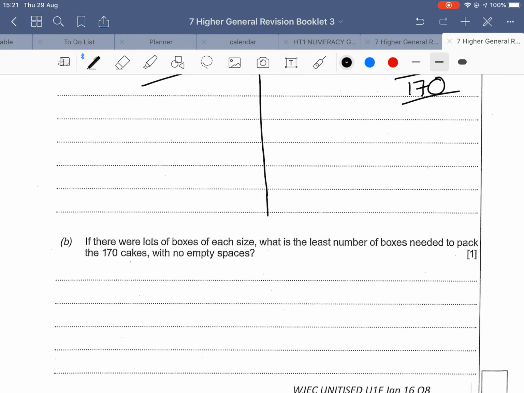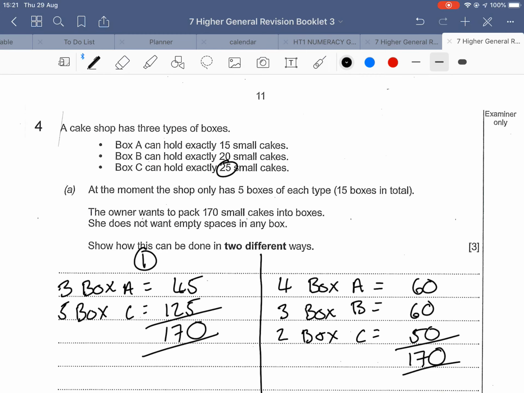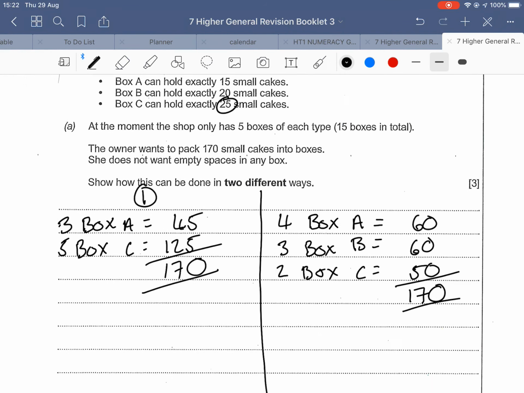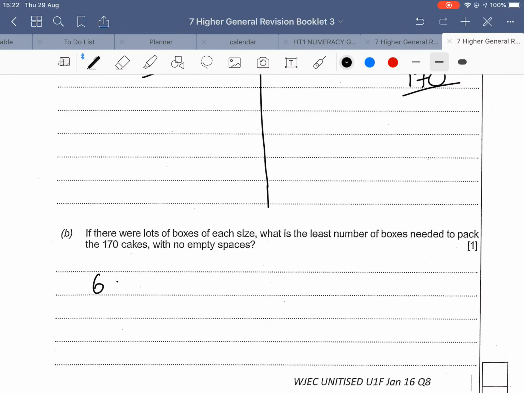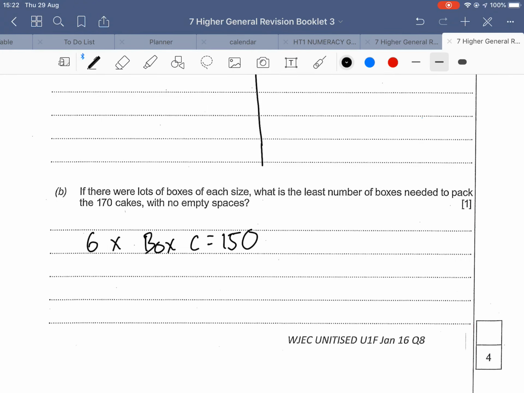If there were lots of boxes of each size, what's the least number of boxes needed to pack 170 cakes with no empty spaces? Well, you'd clearly want the biggest one, so I'd want to do as much as C as possible. So how many 25s until I can get 170, and then I need either 15 or 20 left over. 6 boxes of C gives me 150, because 6 times 25 is 150.